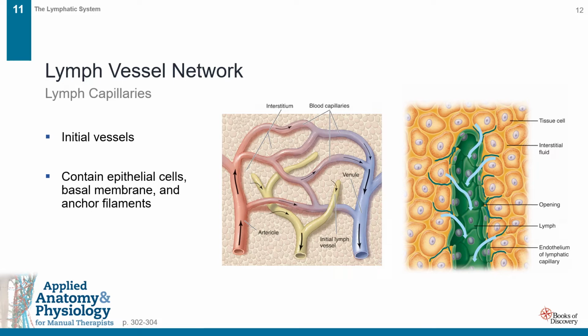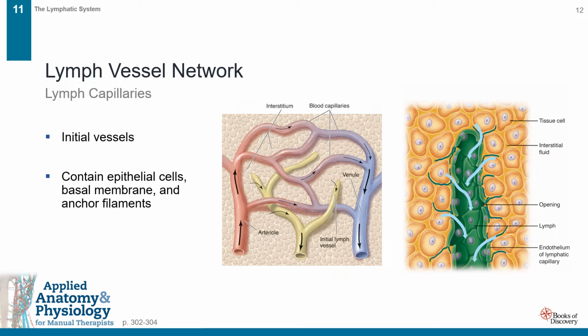Like cardiovascular capillaries, the walls of initial lymphatic vessels are formed by a single layer of epithelial cells, but the lumen of an initial vessel is 4 to 6 times larger than that of a cardiovascular capillary.